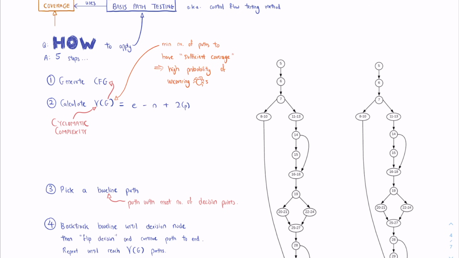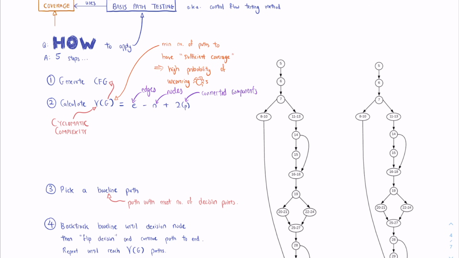Let me just annotate them. This is referring to the total number of edges. This is referring to the total number of nodes in your CFG after you have generated a CFG, obviously. Okay, and this P is referring to connected components.